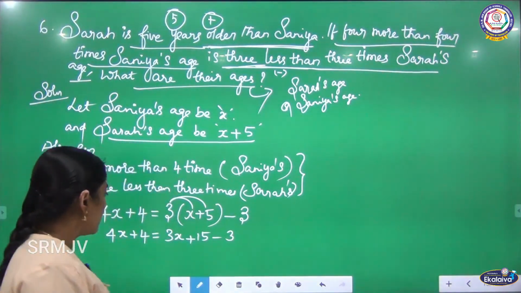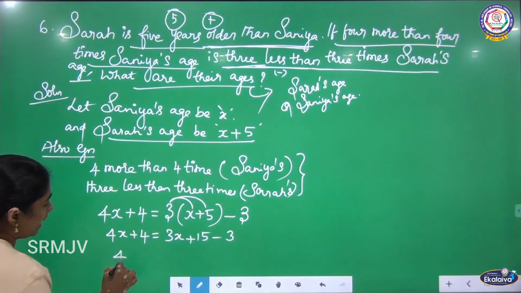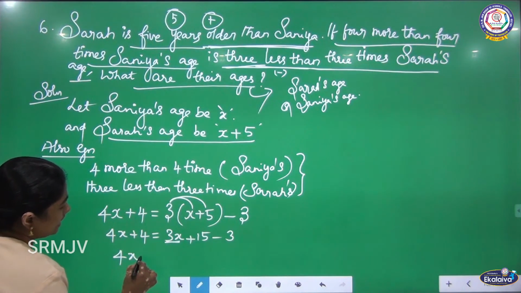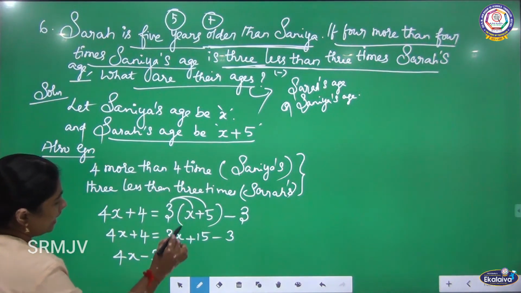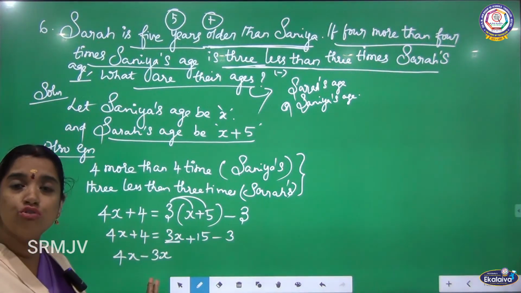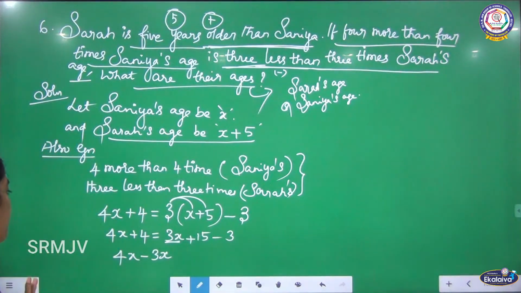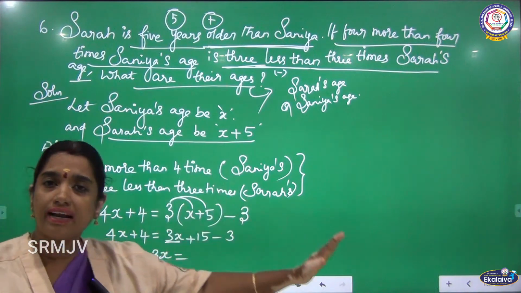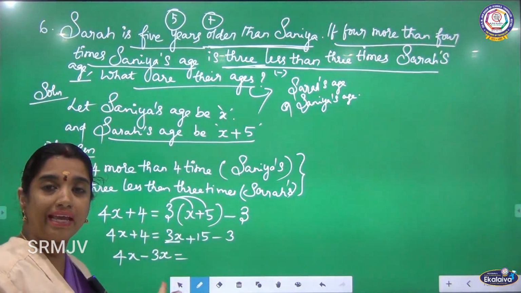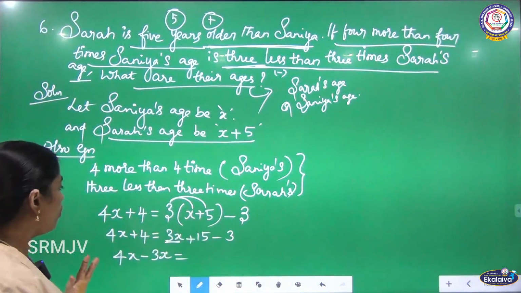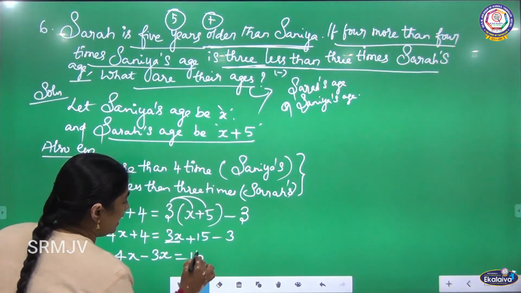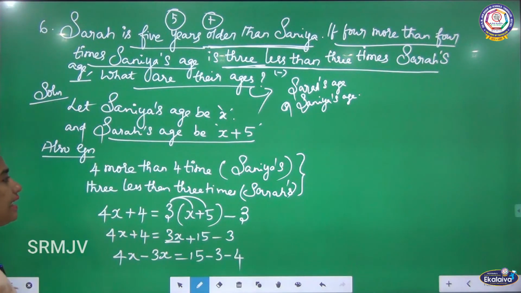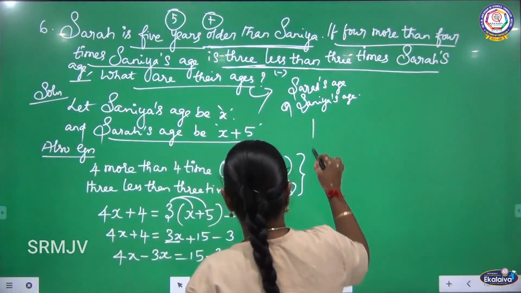Is it clear? Now listen. 4x, send this minus 3x to the left hand side. So minus 3x, because plus 3x when it moves to this side becomes minus 3x. Now afterwards send this constant to the right hand side. So plus 4 becomes what? Minus 4. 15 minus 3 minus 4.